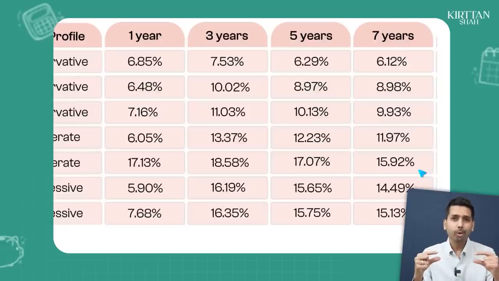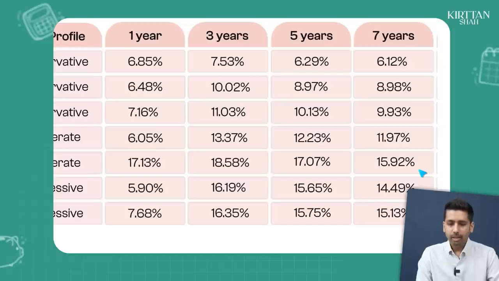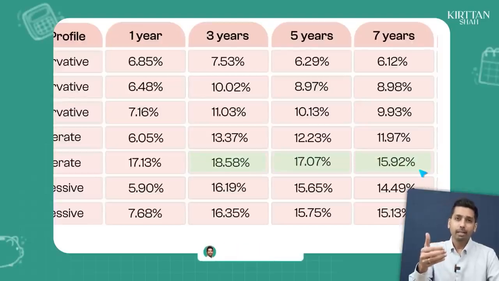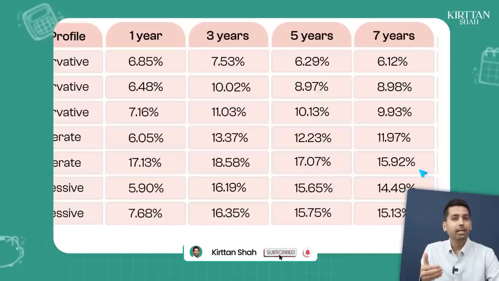Now, if you compare both of them, you will see that the multi-asset has significantly outperformed the balance advantage fund over 3-year, 5-year, and 7-year by at least a 5% margin, which means that the multi-asset fund has done 5% higher than the balance advantage fund has done.